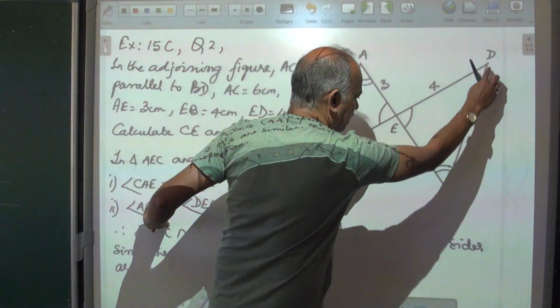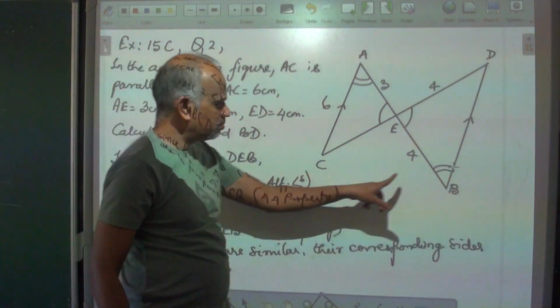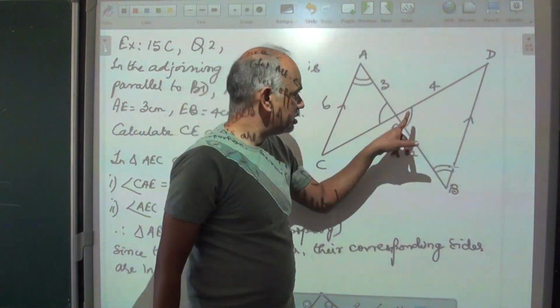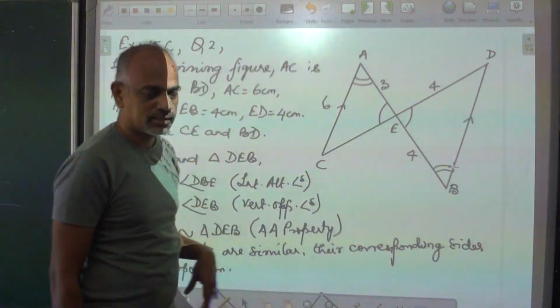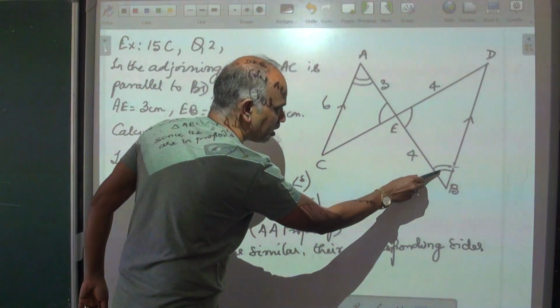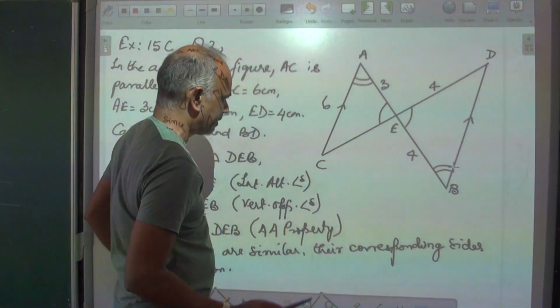So the name is DBE. The angle is at B, so this alphabet should be in the middle. DBE. So these two angles are equal. Why are these two angles equal? The reason is interior alternate angles.